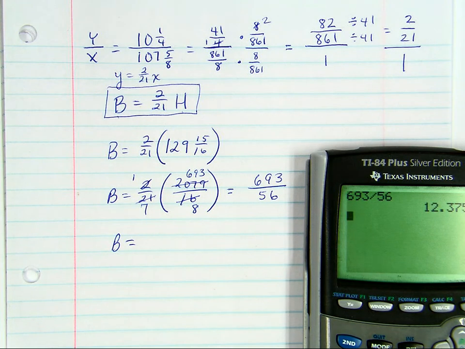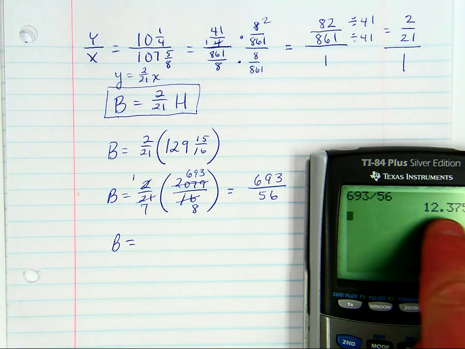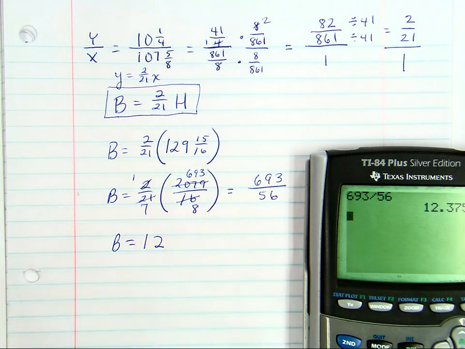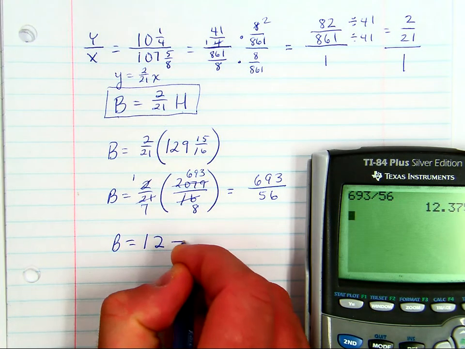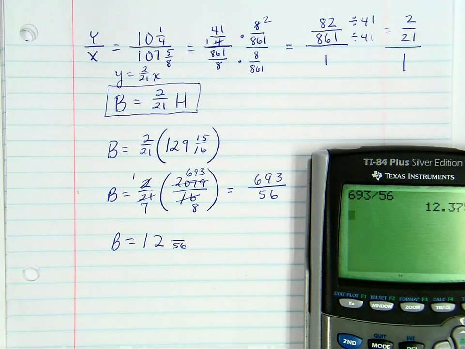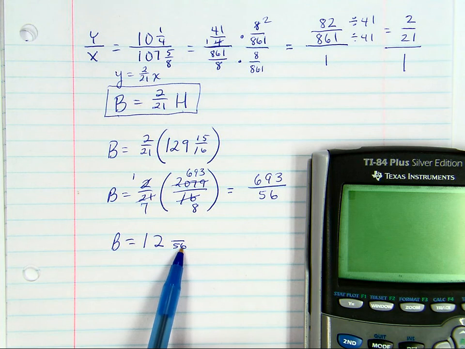So if you look, I take the 693 and divide it by 56, and I get 12. 12 is my whole number. The denominator always stays the same. And to figure out what the numerator is, I multiply 56 times 12.